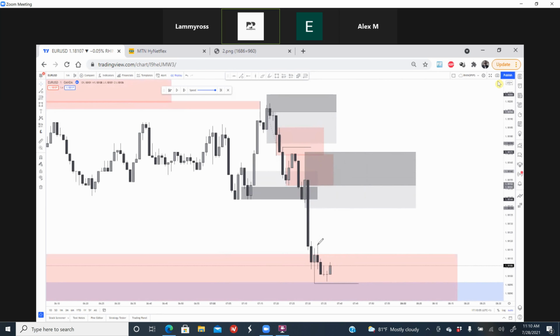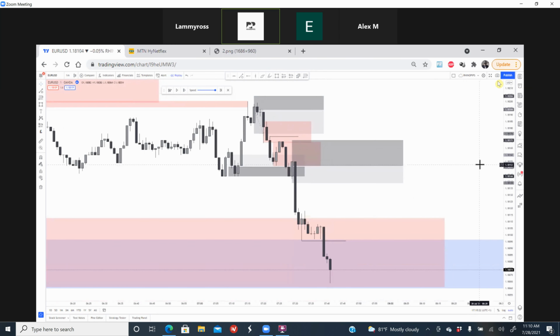It means I have this first level, second level, mitigation, and that's your turn. If this gets taken out, that's where your turn is, then I can buy from that level. But we never took it out. So there is no point in buying from that level. Do we understand that before I proceed?